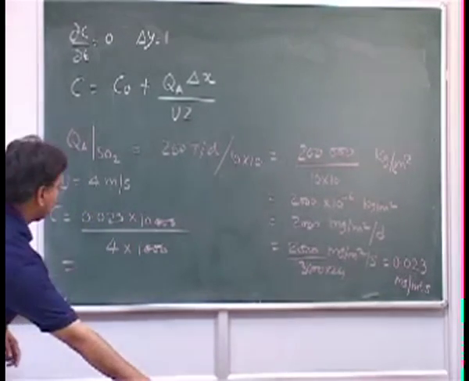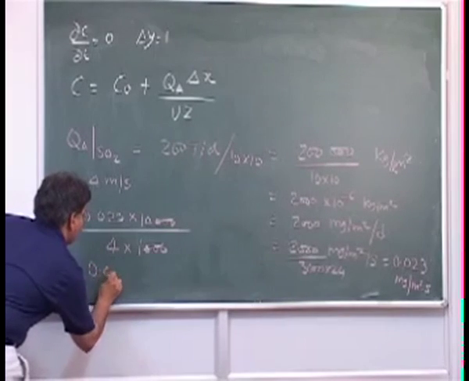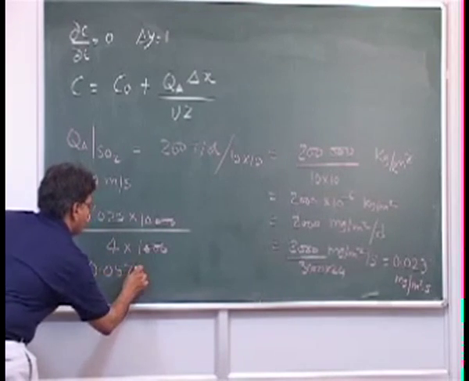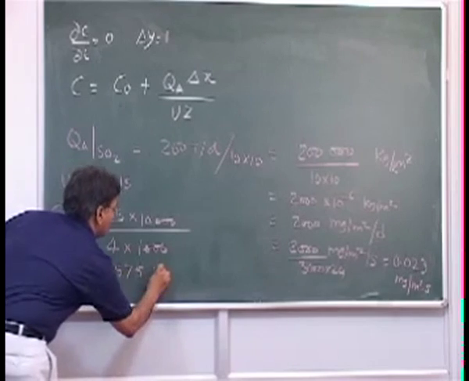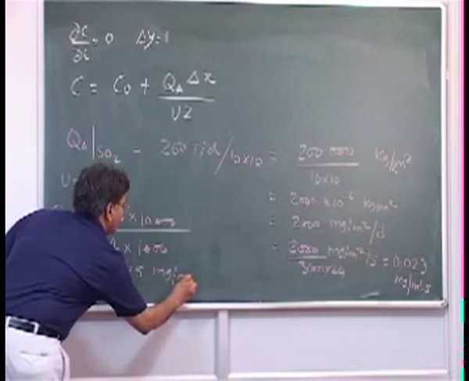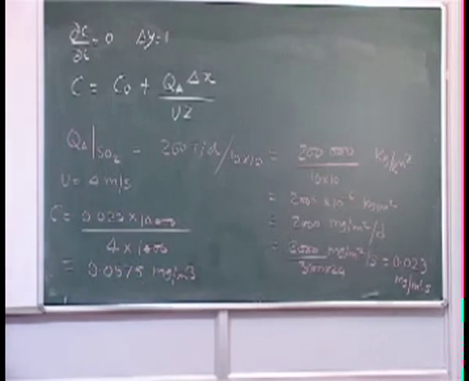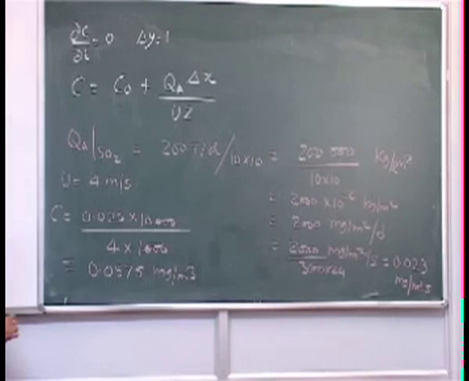So I'll give you the exact number. Okay, so in terms of microgram per meter cube, this will be 57.